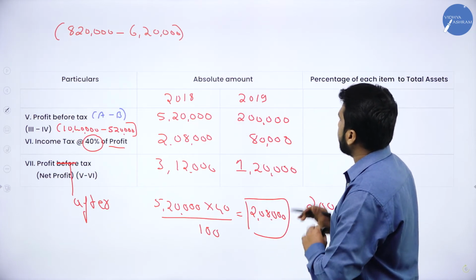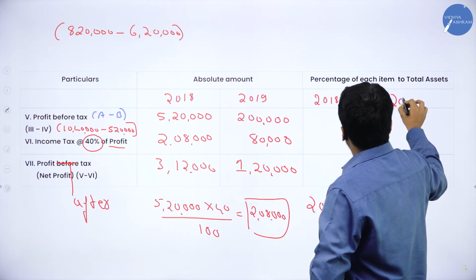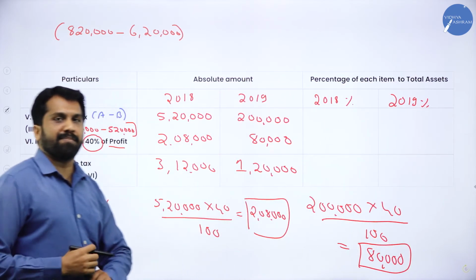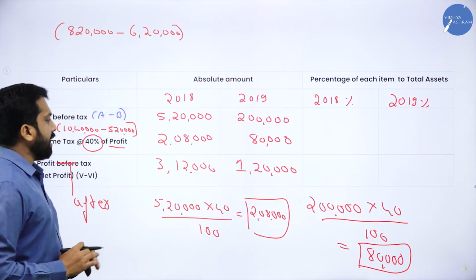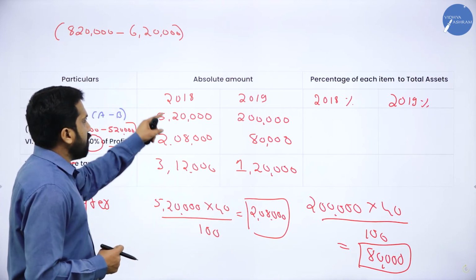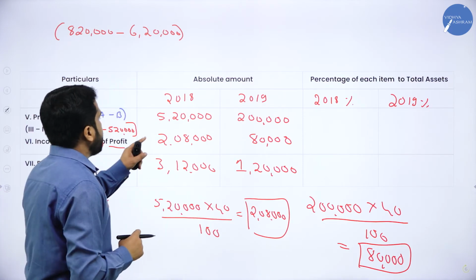Now this is done. Now the 2018 percentage, 2019 percentage. You have to calculate percentage. Now how to calculate? Now we'll go for 2018. First one is what? 5,20,000.